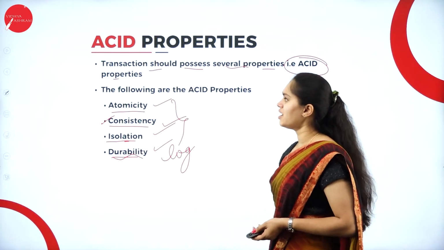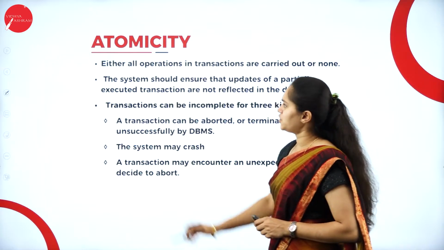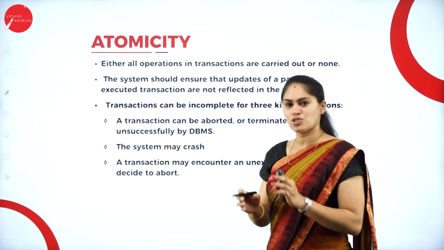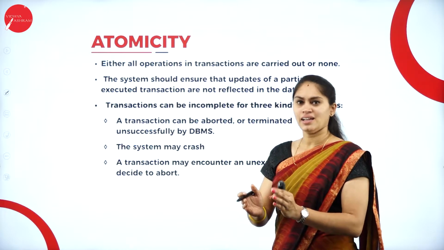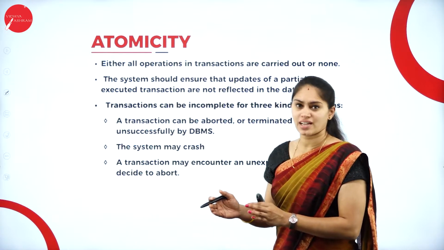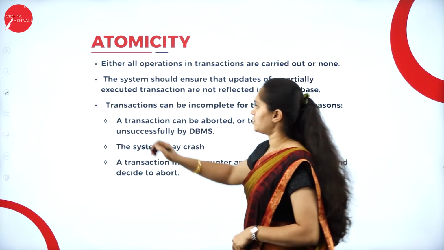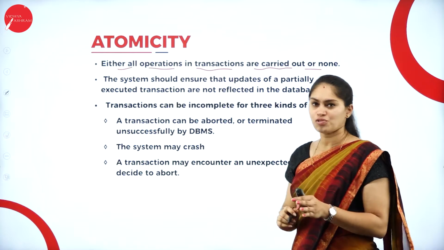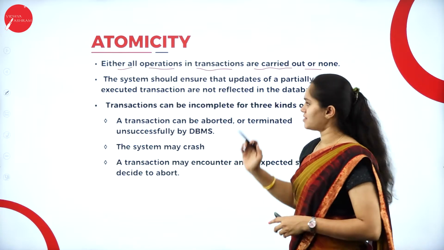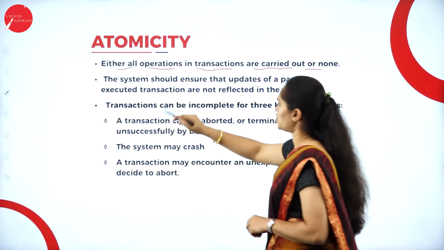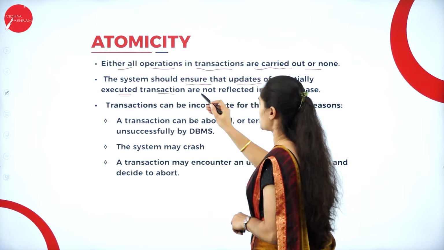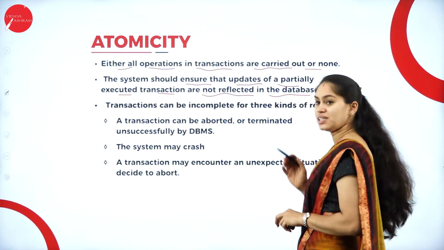So we'll see about atomicity here. As I told, atomicity in the sense the transaction should not be further divided. It has to be either completely done or none of the stages of the transaction has to be initialized, so that either all the operations in the transaction are carried out or none of the transaction takes place. That is atomicity. The system should ensure that updates of a partially executed transaction are not reflected in the database.